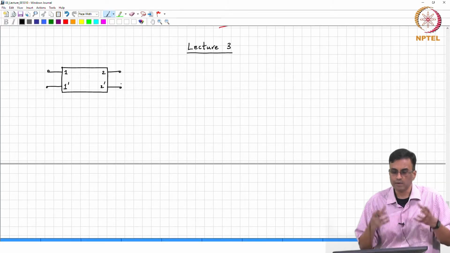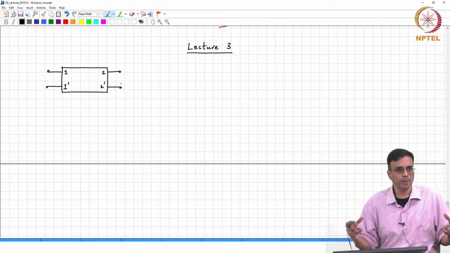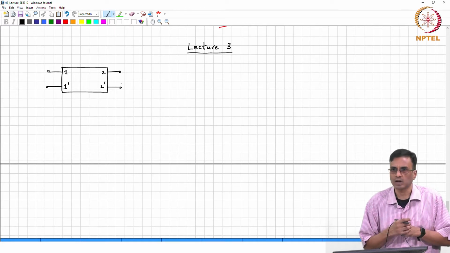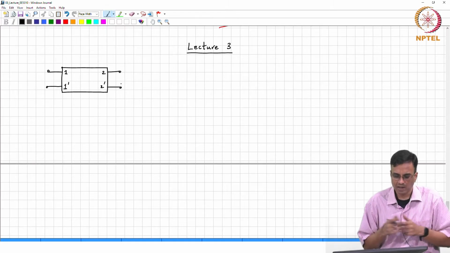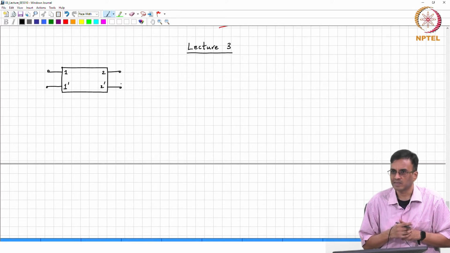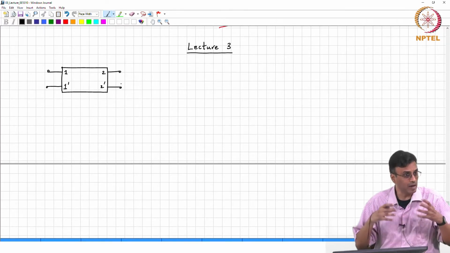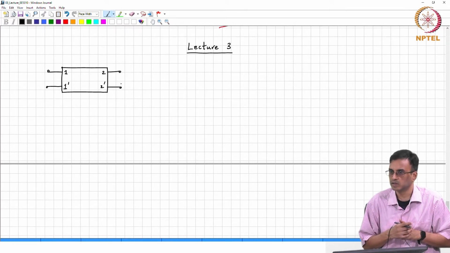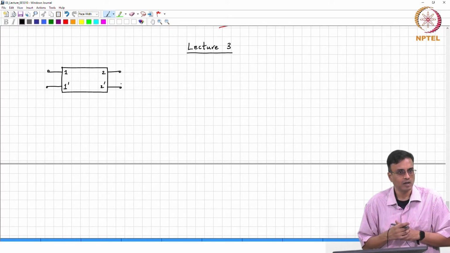Now, if you have a two port with two pairs of terminals coming out, how can you model it? You already learnt in your earlier classes a variety of parameter sets that can be used to describe the behavior of this two port network as far as the external world is concerned.